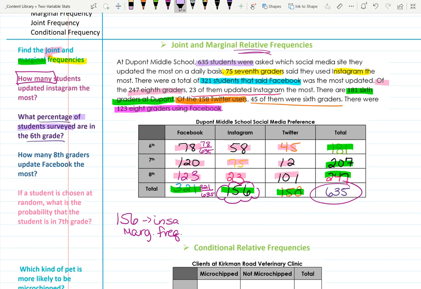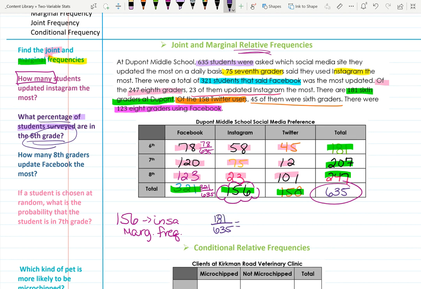Whenever you say of, that tells you, well, what is it out of? So of the students surveyed, so that means it's of the 635 people that are surveyed, how many of those are in the 6th grade? So here we come over to our 6th grade. How many were in the 6th grade? 181.